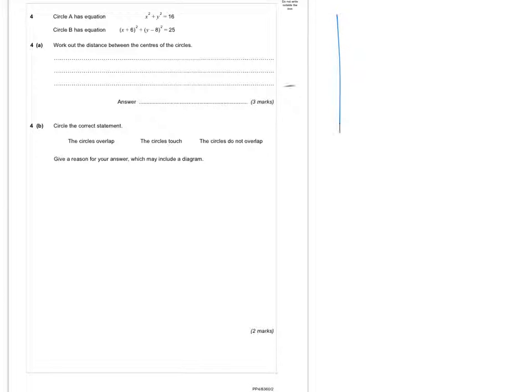Okay, so we've got one centre, that's where circle A is centred, and the other one is minus 6 and up 8. So 8 squared plus 6 squared is the distance, so that is 10 units.